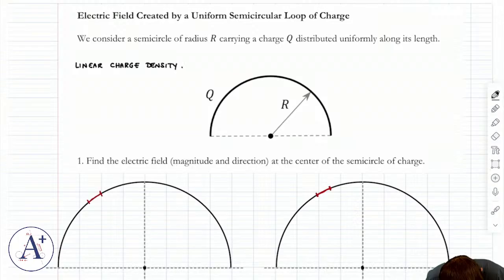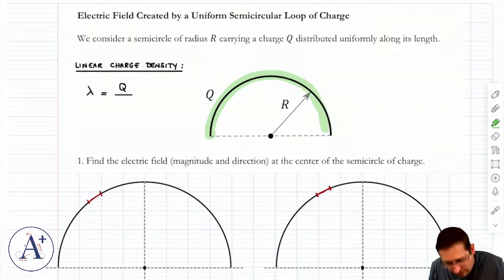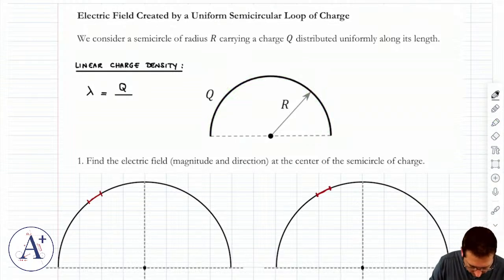It describes how a charge is distributed. It's typically called lambda if it's linear. And it's going to be Q divided by the length here of my semicircle, which is half the circumference and is therefore pi r.